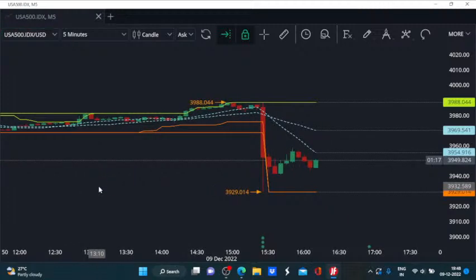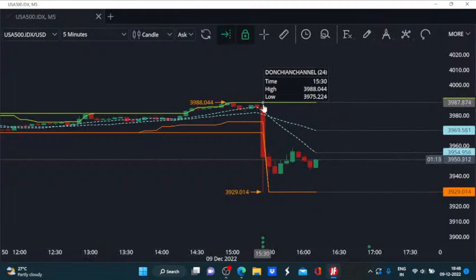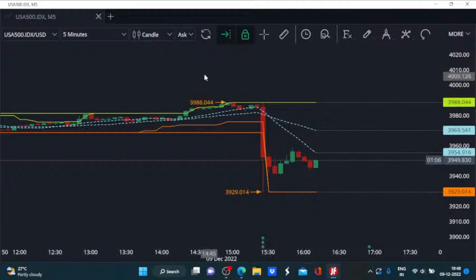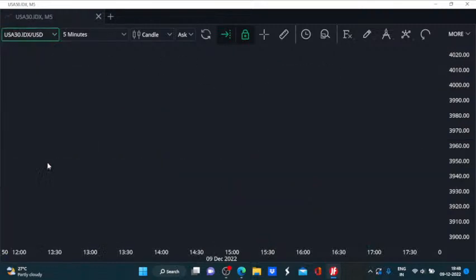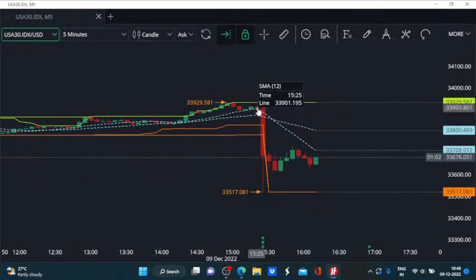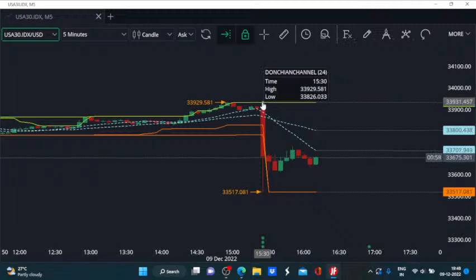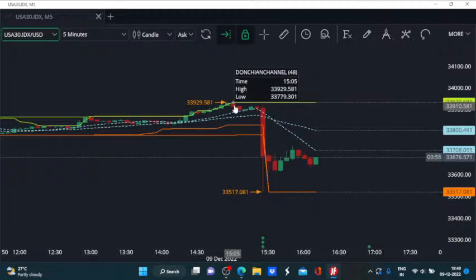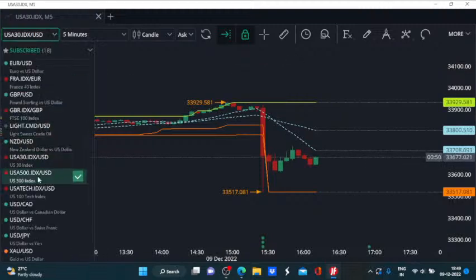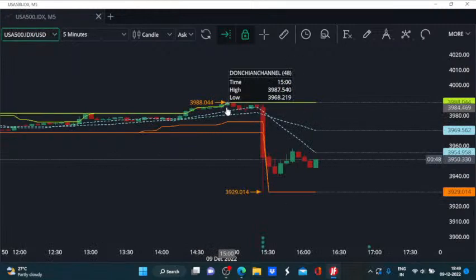From the intraday point of view, the decline for the S&P 500 was also more than 1 percentage point, close to 2 percentage points, though not exactly. And for Dow Jones, the decline was a bit less in percentage terms, and also if we look at this prior swing high formation, it happened later compared to the S&P 500.